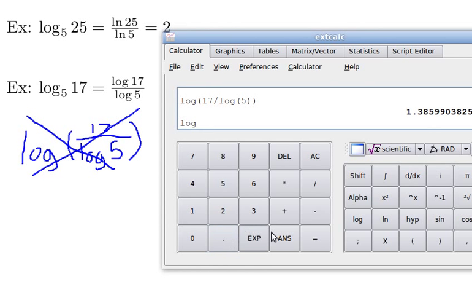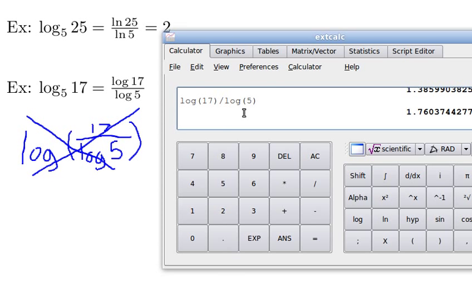So log of 17 over log of 5. The correct answer is 1.76. So keep that in mind.